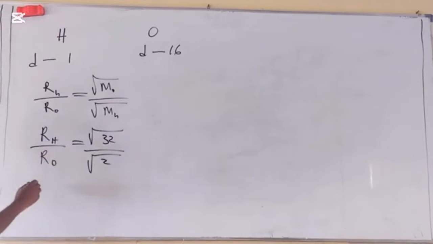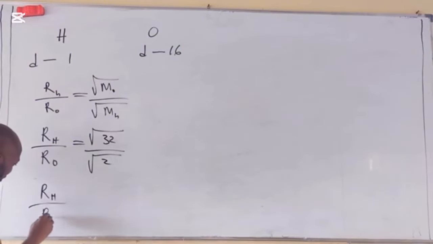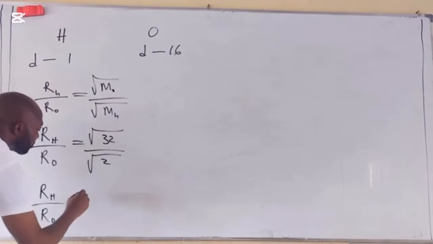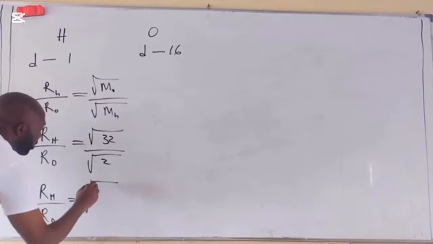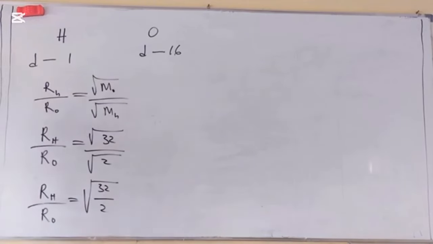So the rate for hydrogen over the rate of oxygen is equal to the root of 32 over 2. Good.